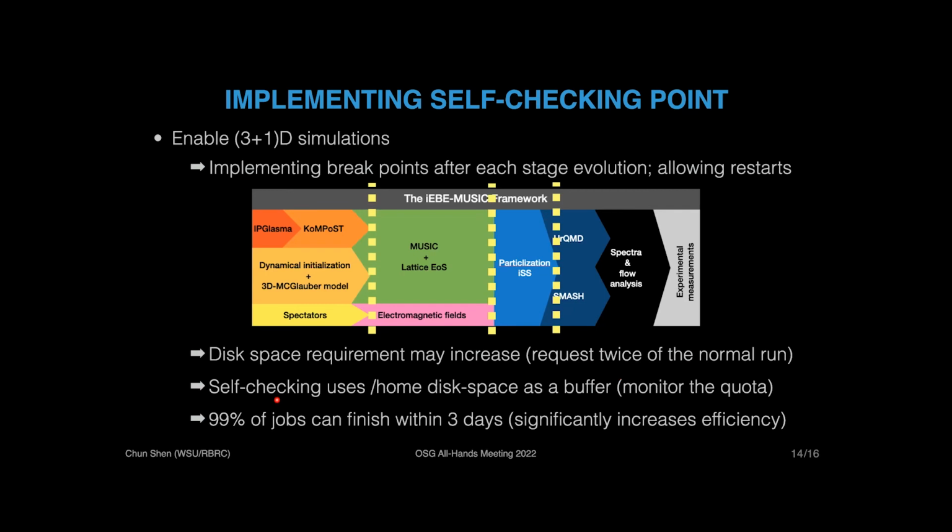We also found that during the simulations, the checkpoint uses disk space in your home directories as a buffer, so if you run many jobs together, you want to monitor your quota, in case you exceed your disk quota in the home directories.